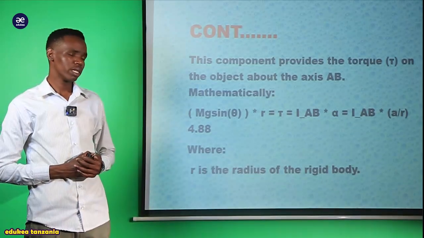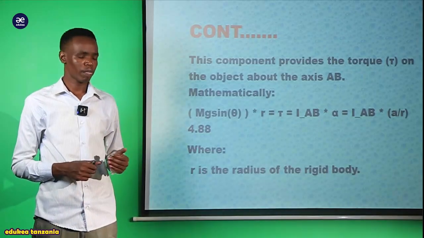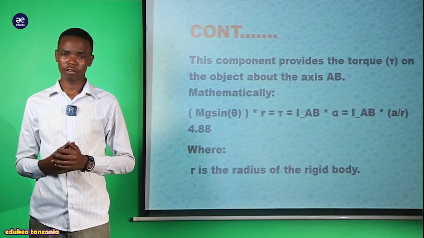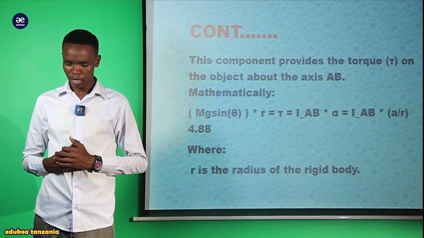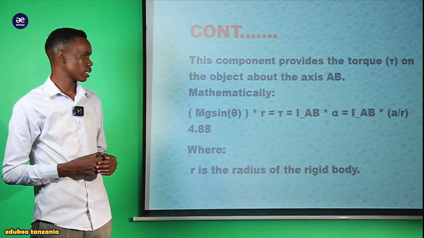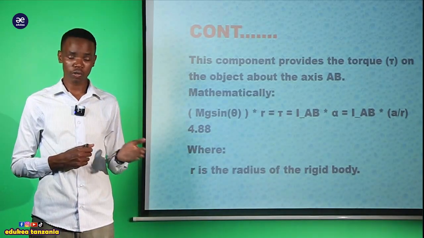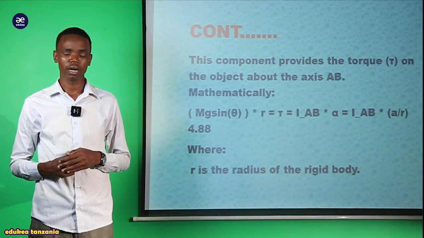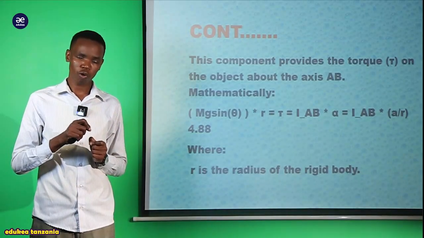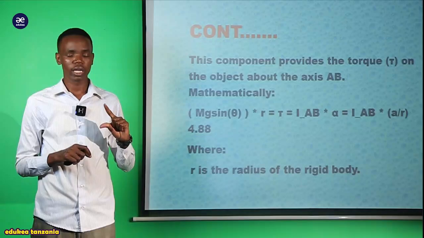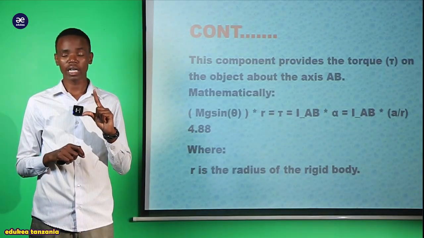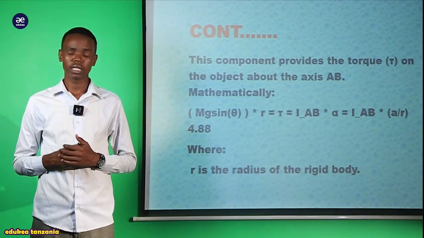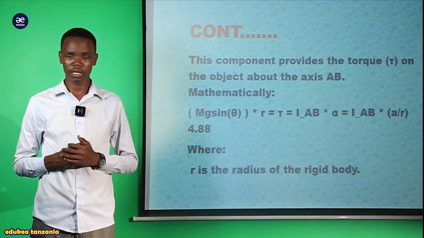So this will be equation number 88 for our fourth topic here. We can say that we get the torque by taking mg sin theta times R, or by taking the moment of inertia along the line of the inclined plane AB times the angular acceleration.